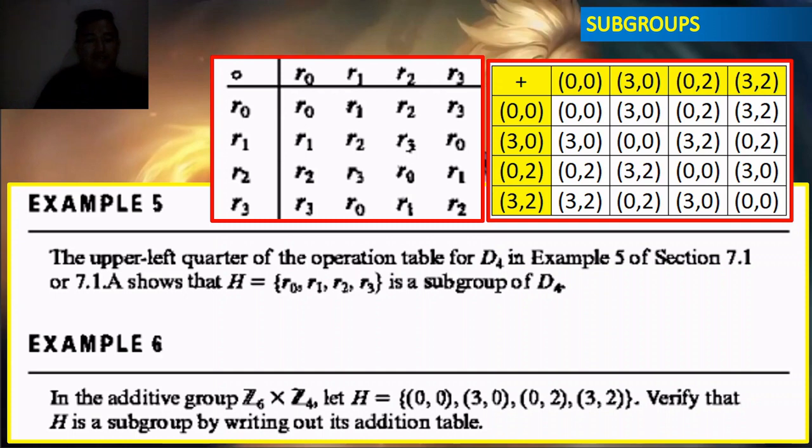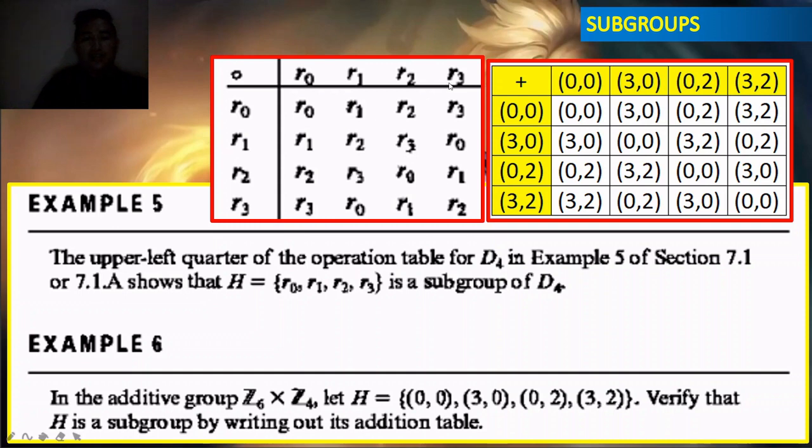Example number 5. Okay, take the D4 from before, with H as D and V. What we take is the operation table of D4, the R0, R1, R2, R3. So we take the R's, the rotations. R0 is the identity. Then R1, R2, R3.